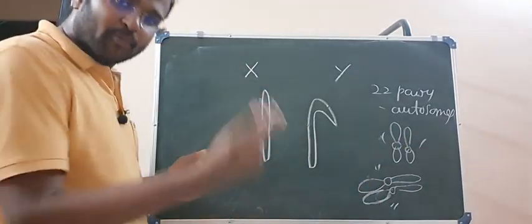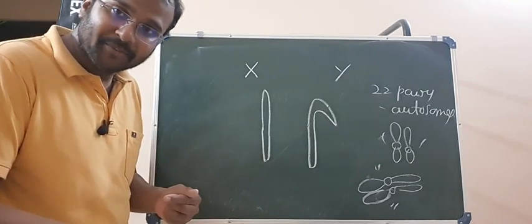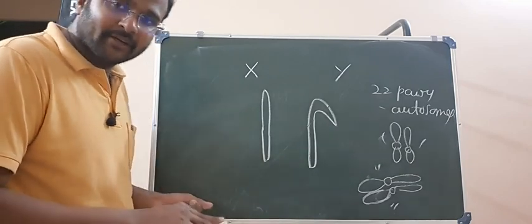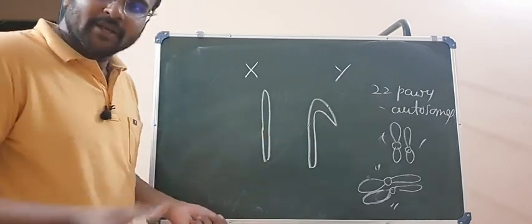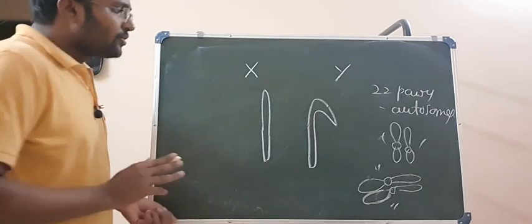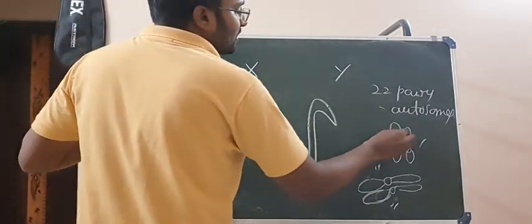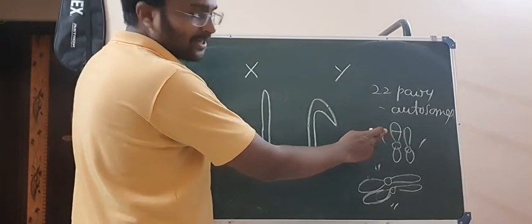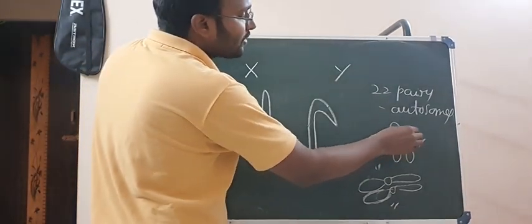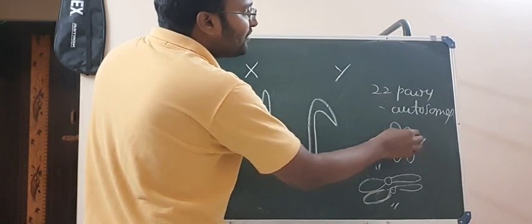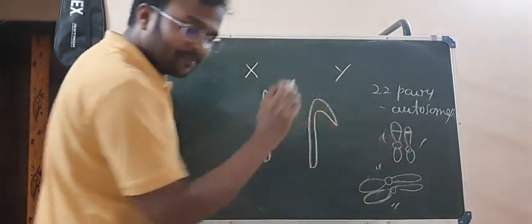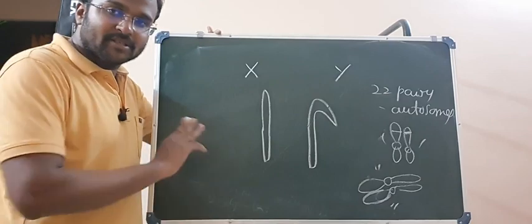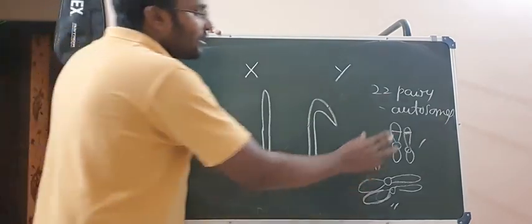The third pair as well, and the genes present are one and the same, not different. For example, some gene determining eye color is present here, and on the other side the same type of allele is present. So it's not different.